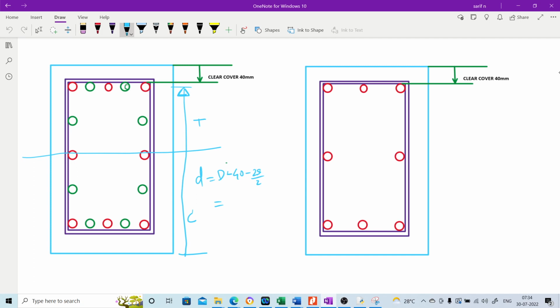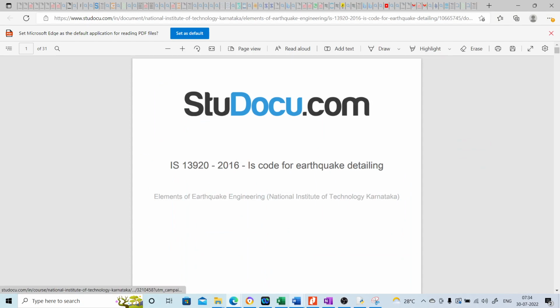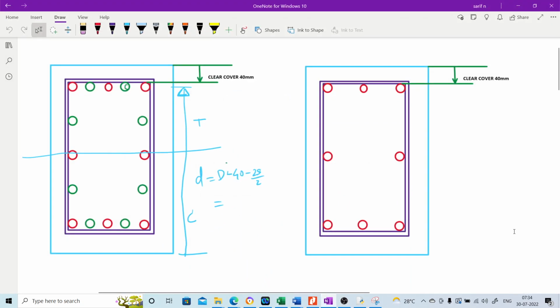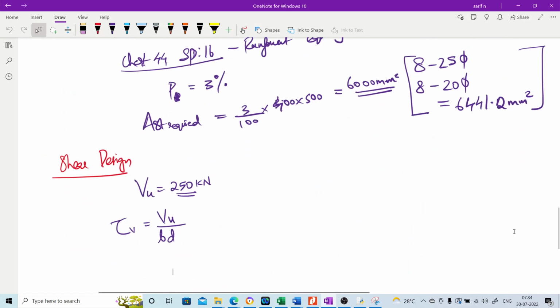Okay, so we will take this as the effective depth. So 500 minus 40 minus 25 divided by 2, that is 500 minus 52.5. So it comes around 447.5.